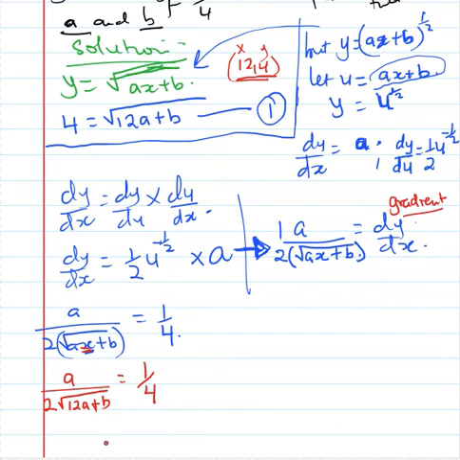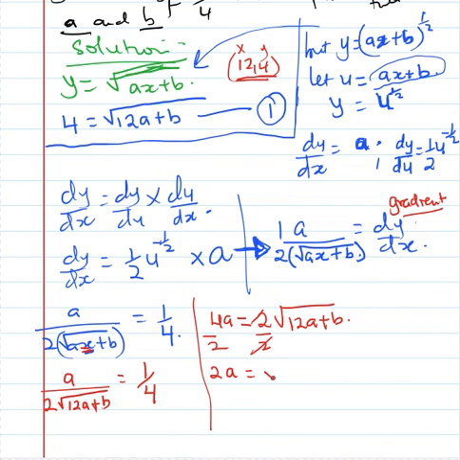Now let's simplify this. That will be 4a equals 2 root (12a plus b). Dividing by 2 on both sides, the 2 cancels, and we have 2a equals the root of 12a plus b. This here is our equation number 2.